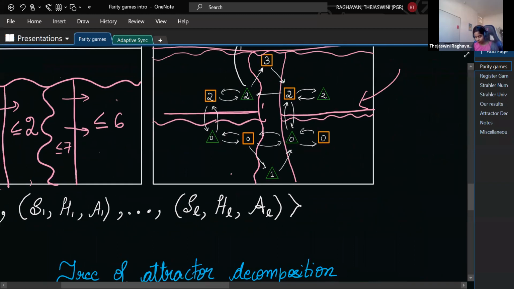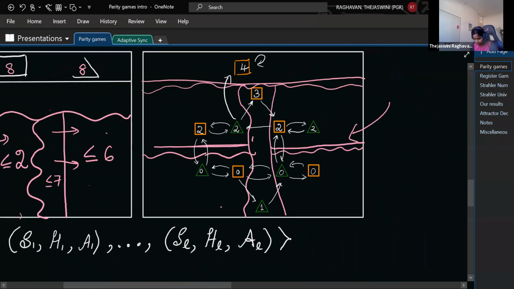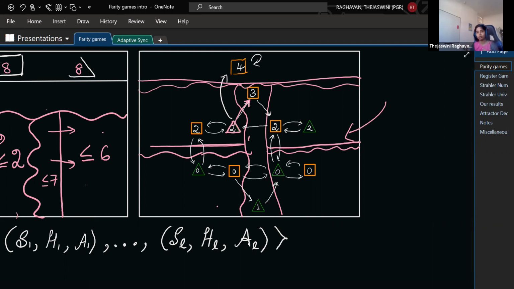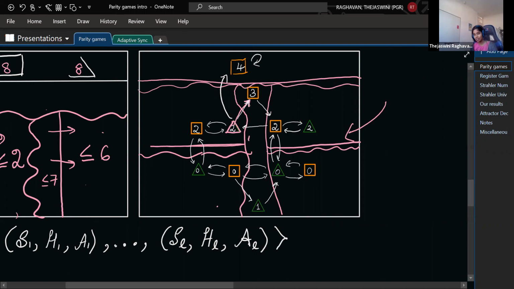What this means is that if you take this region, it contains an edge which escapes to a 3. So somehow I want to control the number of high odd priorities it sees before being in a winning region.